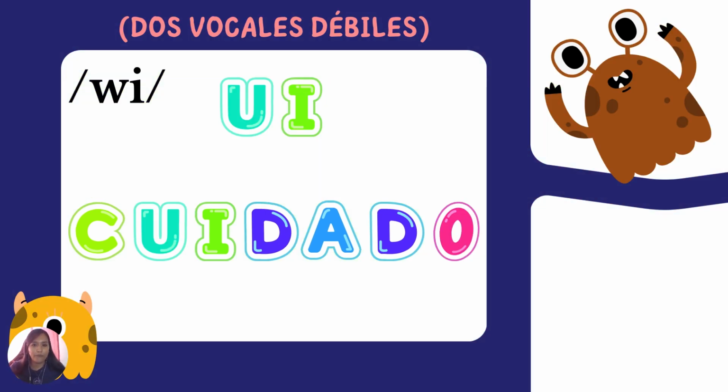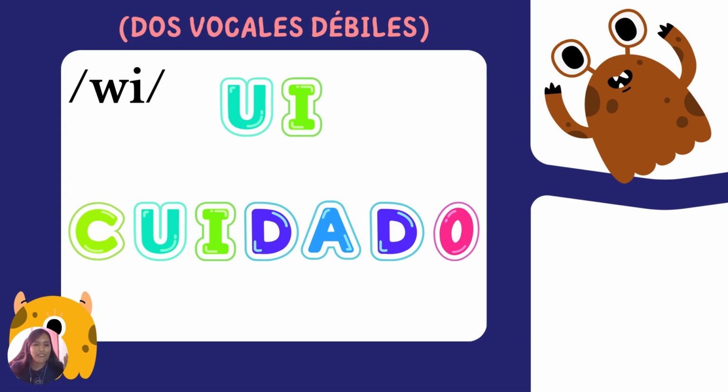Another pair of vowels that can be together and are both soft. We say ui, ui, U más I, ui. Por ejemplo, this diphthong is at the beginning of this word as well.